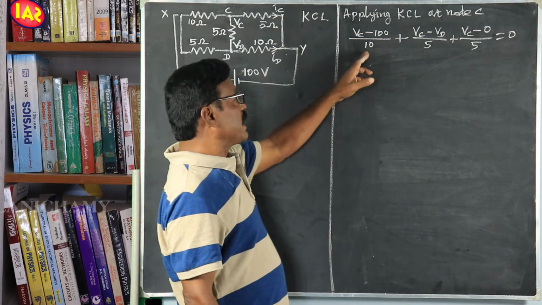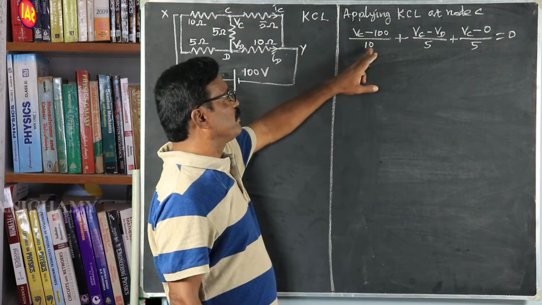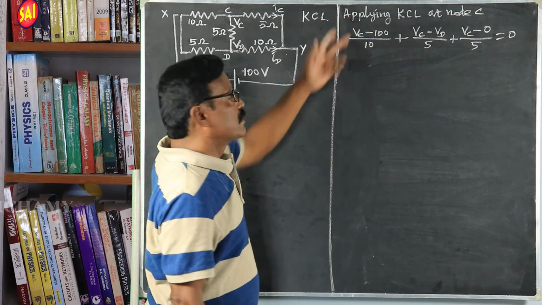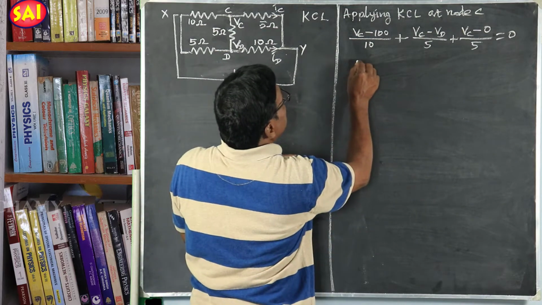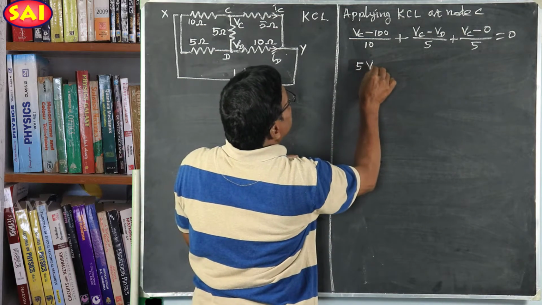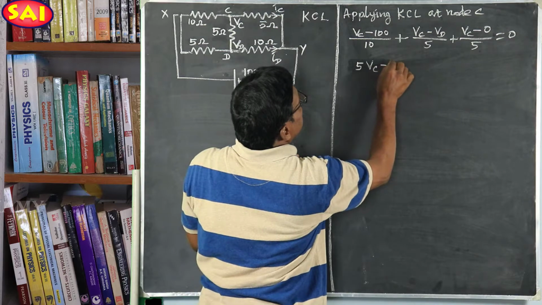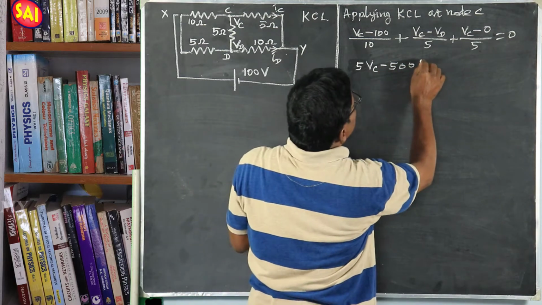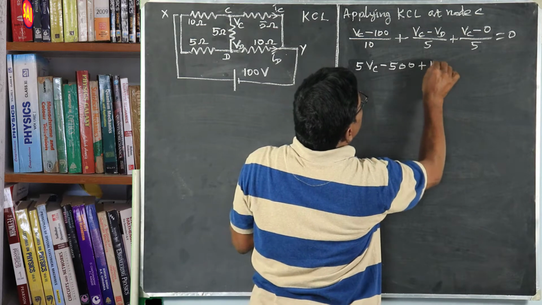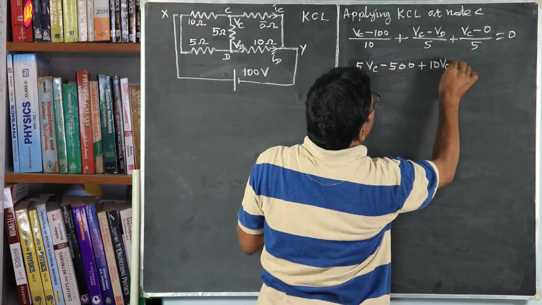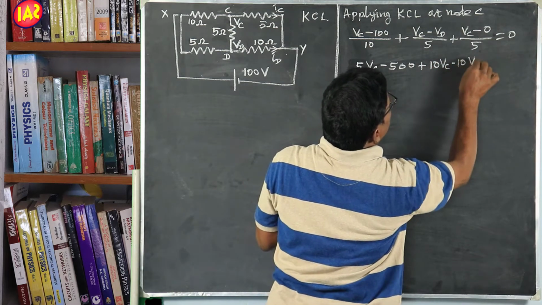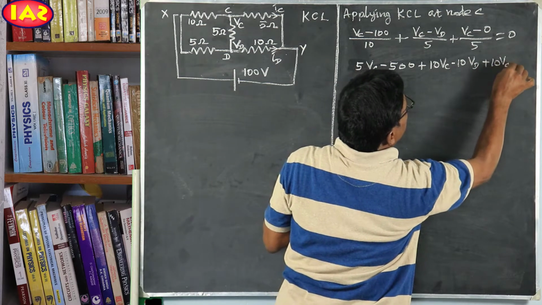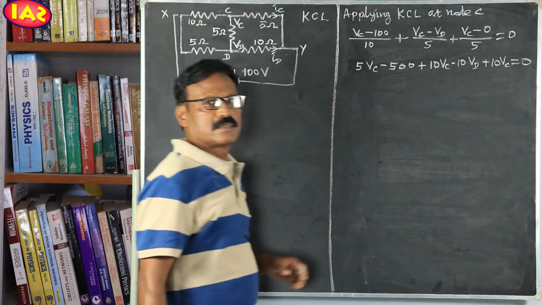If you multiply this by 50, then 5 times, that is 5 VC minus 500 plus 10 VC minus 10 VD plus 10 VC equal to 0.